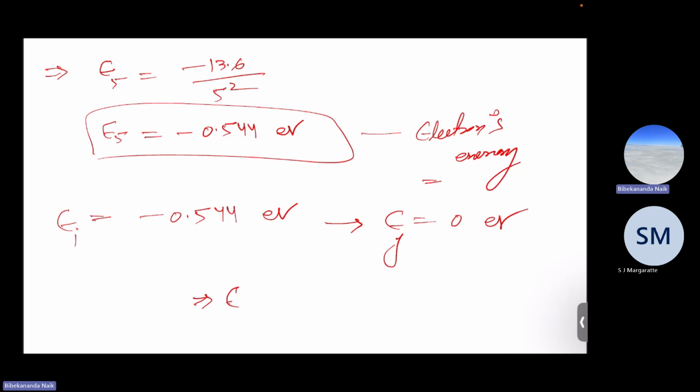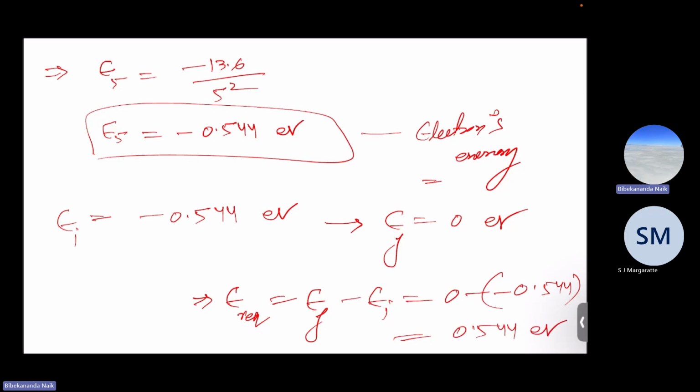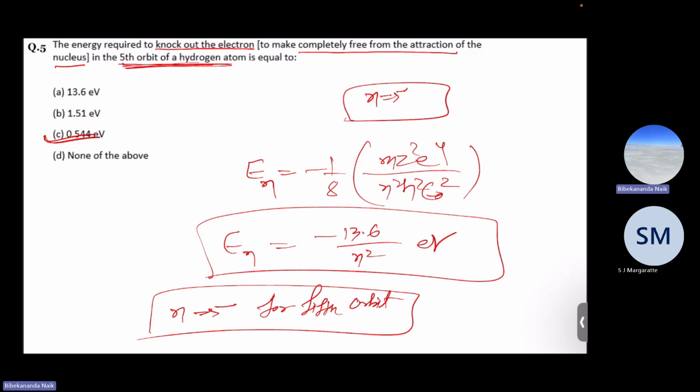The required energy will be E final minus E initial, which is 0 minus of minus 0.544, which is 0.544 eV. So the amount of energy required to knock the electron out of the fifth orbit is 0.544 eV, which is the opposite of the electron energy, minus 0.544 eV.